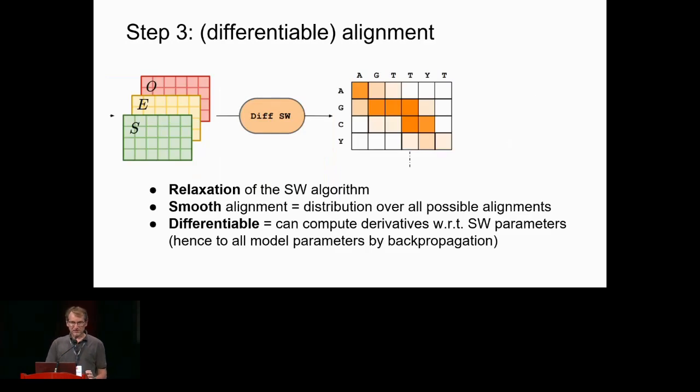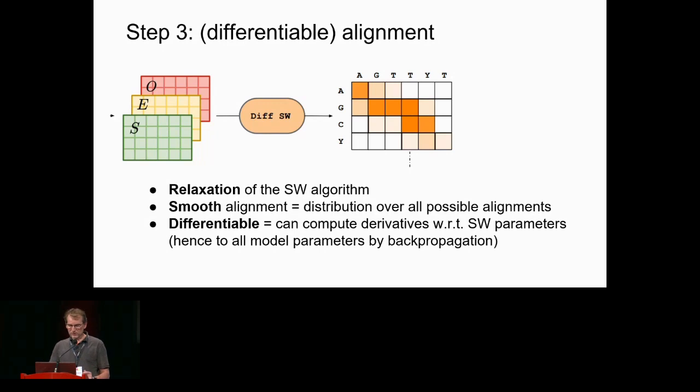The last part, I said, is once you have the scoring matrix, I explained earlier how you can find the best alignment: dynamic programming, and you get it. But the result is piecewise constant, so it's not possible to compute how the output varies smoothly as a function of the parameters. So we created this differentiable alignment, which in itself is something that we and others have found to be successful.